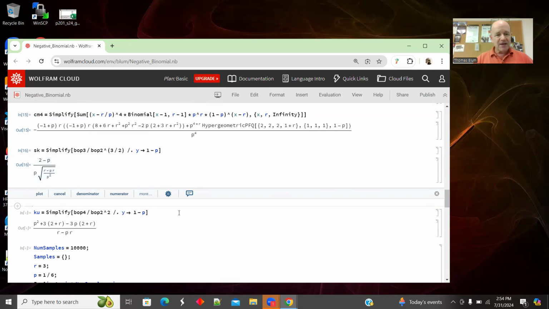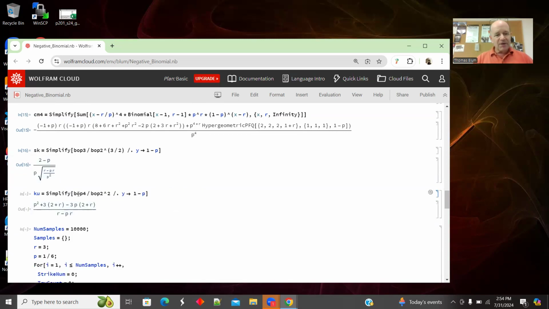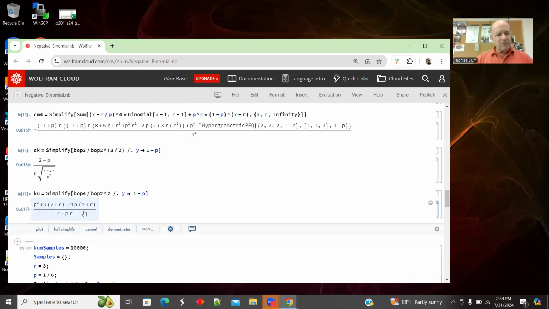I just called it SK. The kurtosis is the fourth central moment divided by the second central moment squared, again getting rid of units. And I called it Ku for kurtosis. So we have relatively simple expressions in p and r.